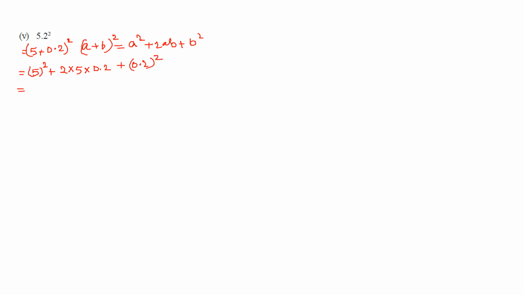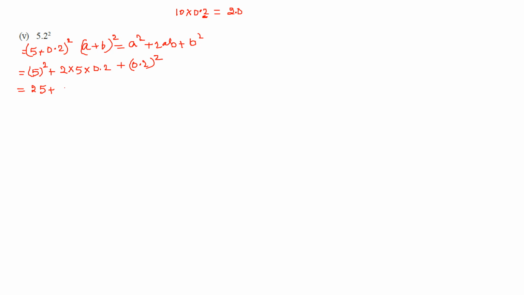Now 5 square is 25 plus 2 into 5, 10, 10 into 0.2. First ignore the decimal and multiply. So 10 into 2 is 20. Now here after the decimal there is 1 digit. So here also you have to place the decimal between 2 and 0 such that after the decimal point it should have 1 digit. Right?